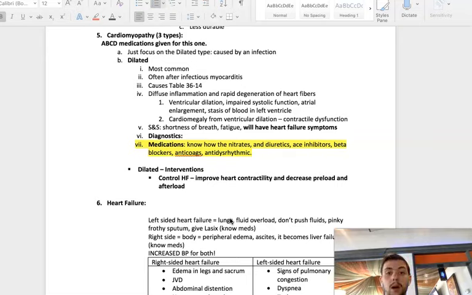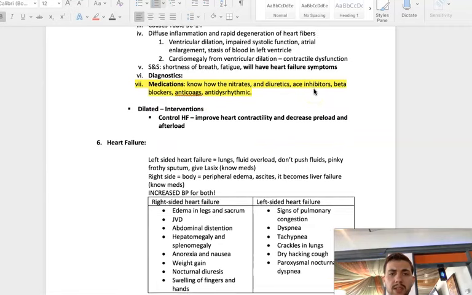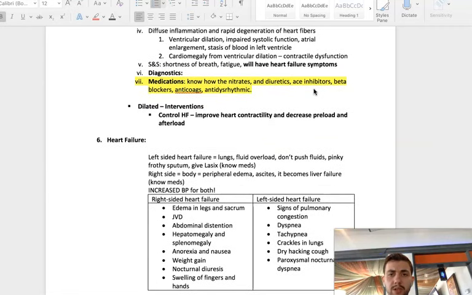It often follows infectious myocarditis. It causes diffuse inflammation and rapid degeneration of the heart fibers. Signs and symptoms could be shortness of breath, fatigue, and heart failure symptoms.